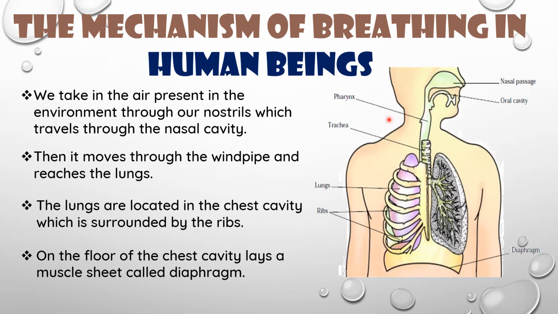Then it moves through the windpipe and reaches the lungs. The windpipe is also called the pharynx, but there is no need to study that word, just study windpipe. You already studied the windpipe and the food pipe. Through the food pipe, food passes to the stomach and intestine, and through the windpipe air passes and reaches the lungs.